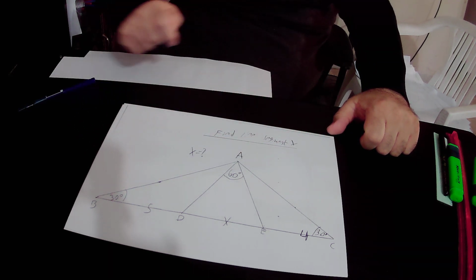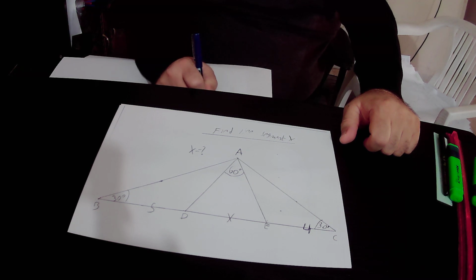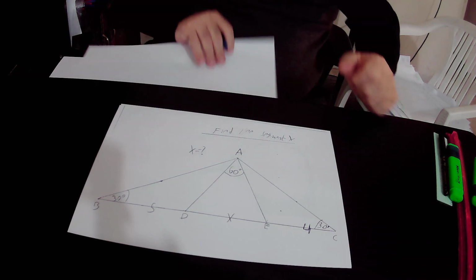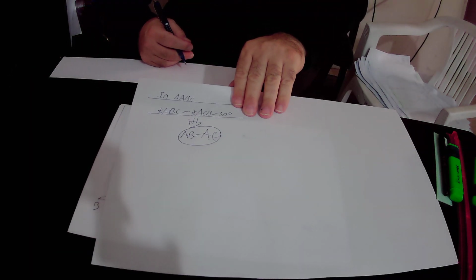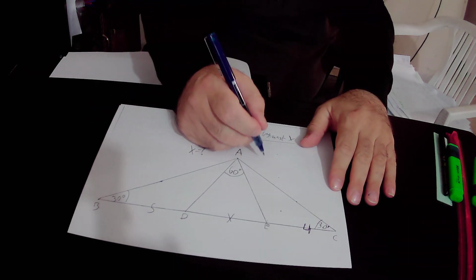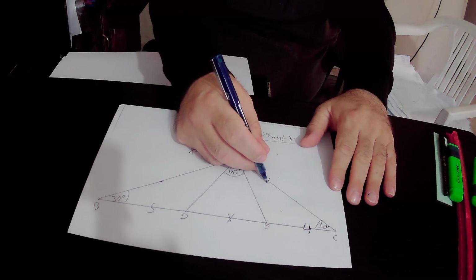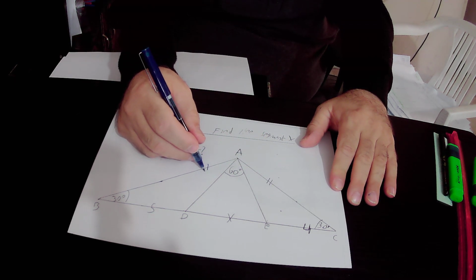And according to the rule that I mentioned, side AB must be equal to side AC. So I can write here that this side AC equals this side AB.